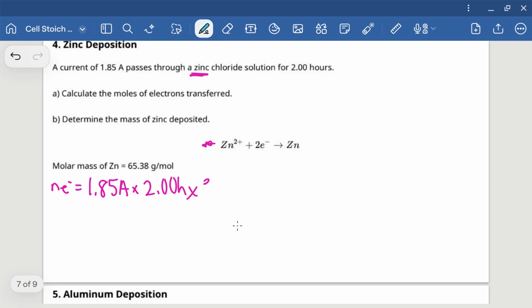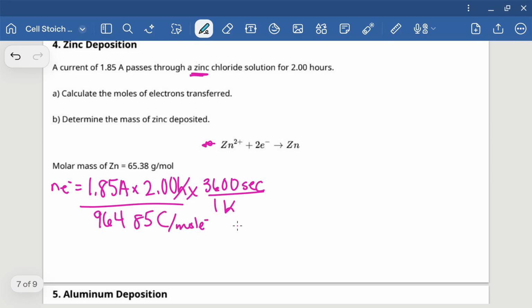Time must be in seconds, so using the conversion between hours and seconds, and then dividing that all by Faraday's constant. Plugging that into our calculator, keeping 3 significant digits, and we're getting 0.138 moles of electrons.